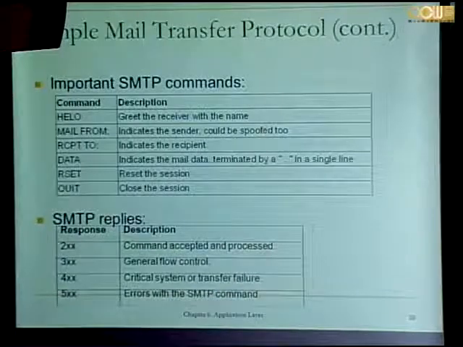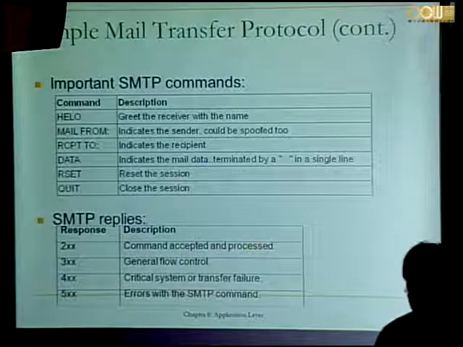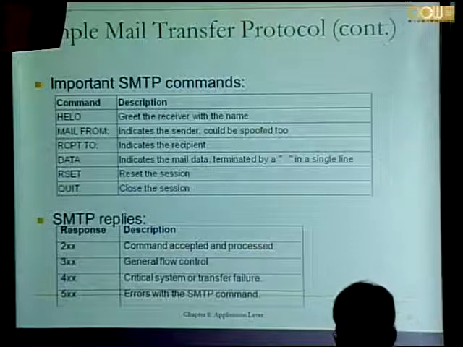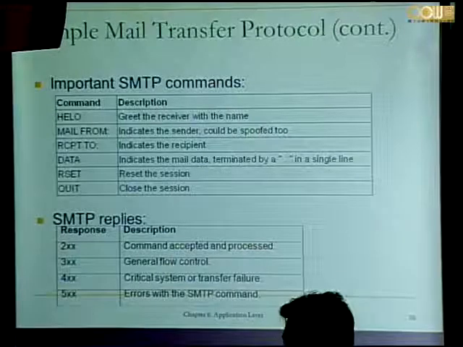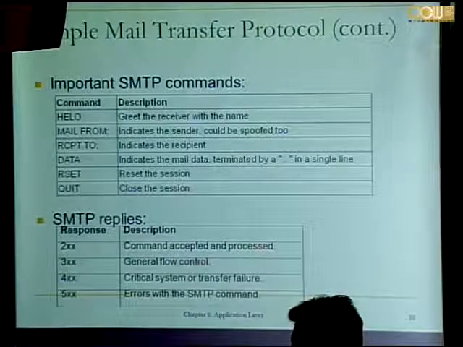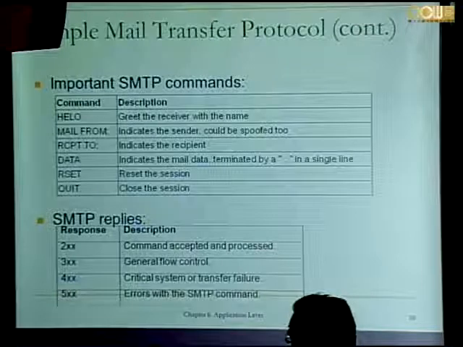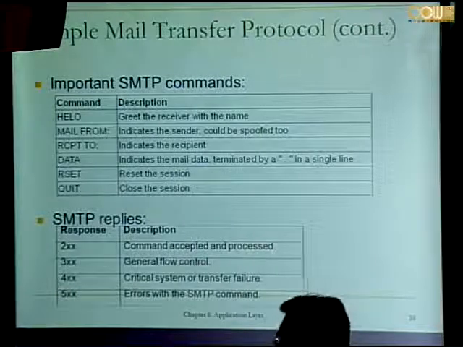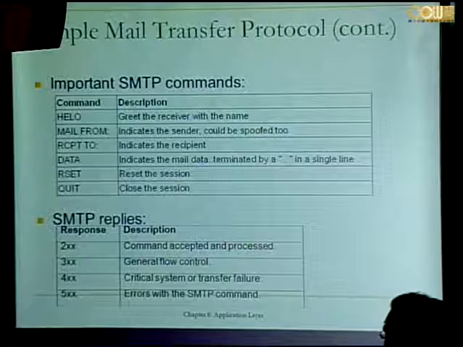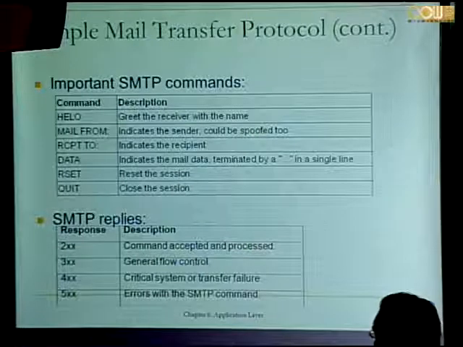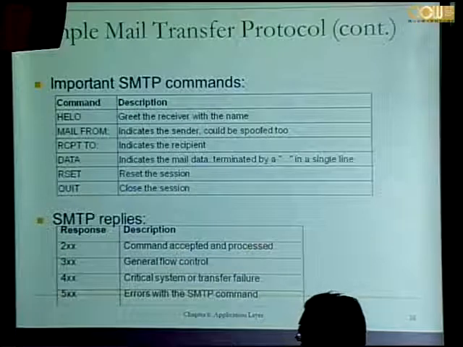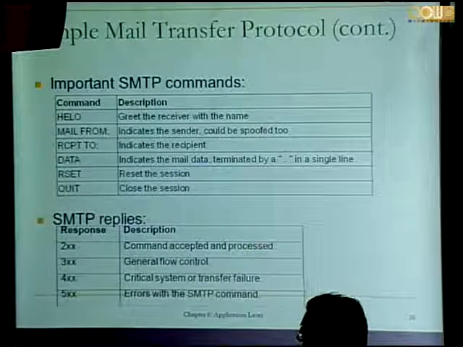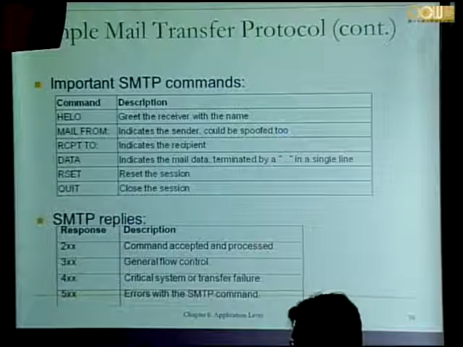And so now the commands. The SMTP protocol would have the client and the server. The client would issue SMTP commands to the server, and then the server replies with a response, and then the data gets transferred from the client to the server, or from server to server.